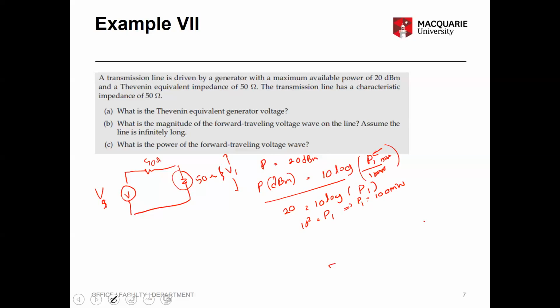So now we got the 100 milliwatt at this point. We know that the power transmitted to the load equals half the peak voltage squared divided by the impedance of that load.